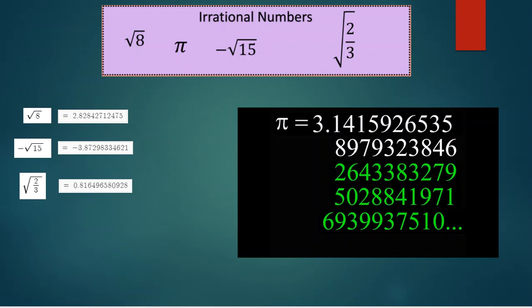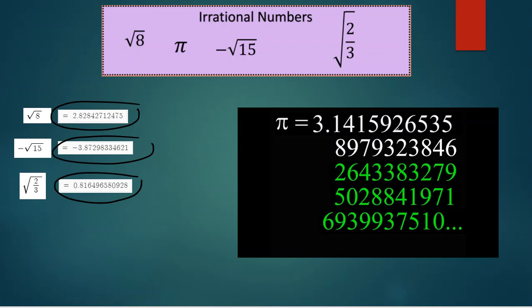So right here, if you look at the square root of 8, you can see that that decimal never repeats and it never ends. If we look at the negative square root of 15, you can see that that decimal never repeats, never ends. If we look at the square root of 2/3, you can see that that decimal never repeats and never ends.